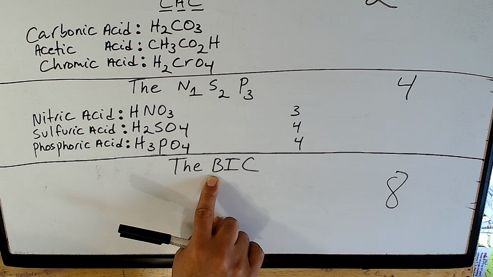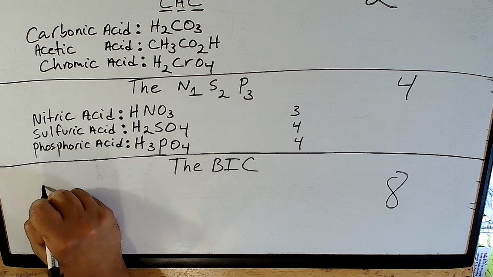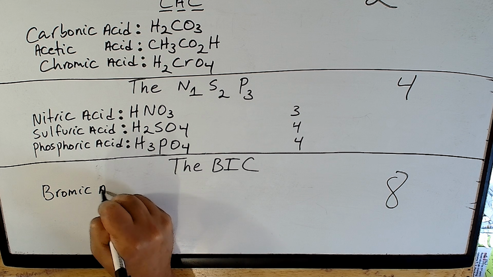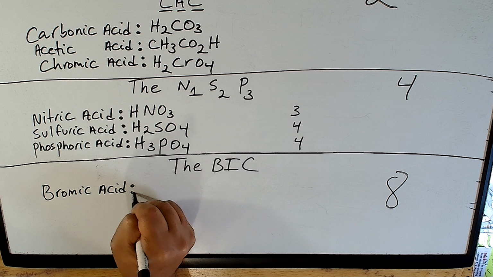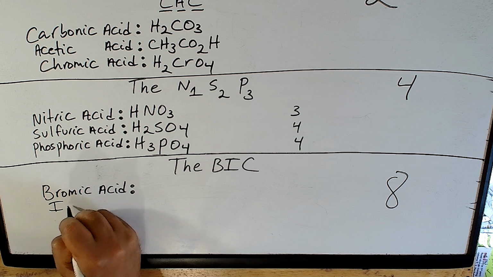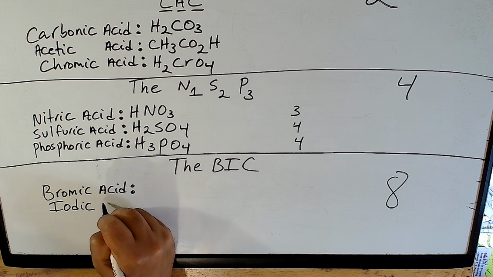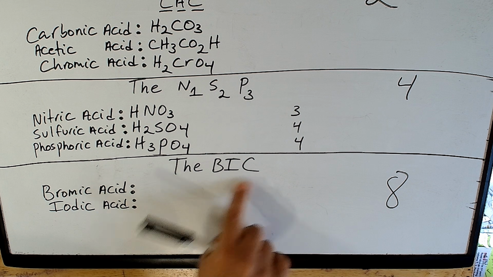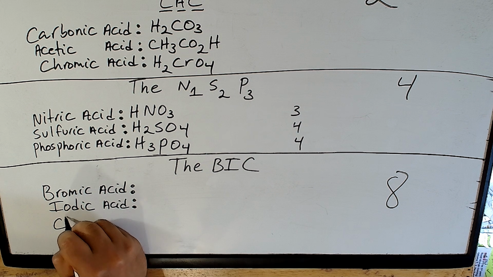B stands for bromic acid. I stands for iodic acid. C stands for chloric acid.